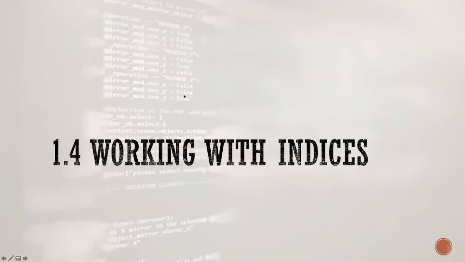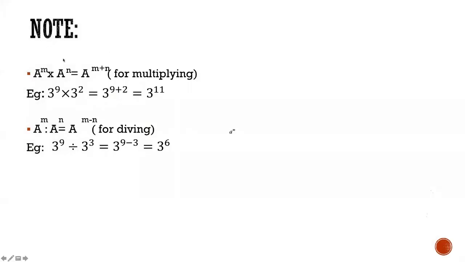Now we are going to work with indices. It is very easy for you to know this because I think that you have learned it before in Vietnamese math.